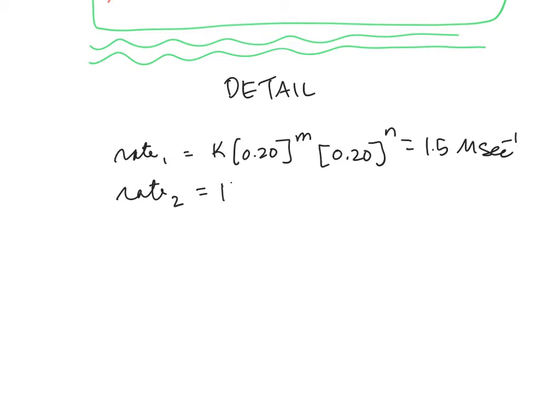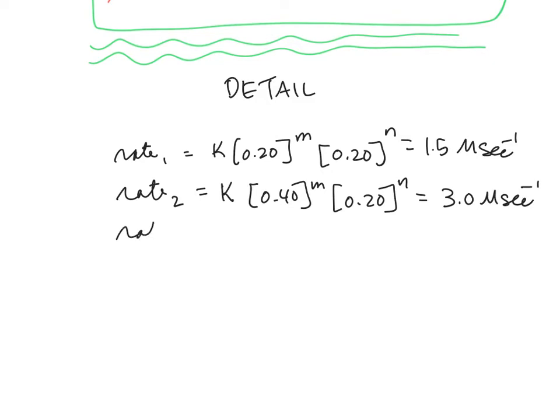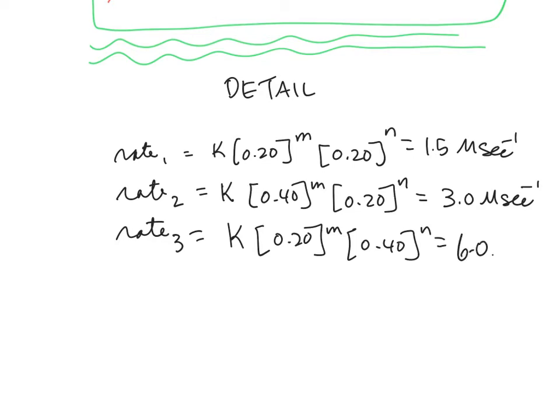So rate 2 would be equal to K times 0.40 raised to the power m times 0.20 raised to the power n, and that is equal to 3.0 molar per second. Similarly, rate 3 will be equal to K times 0.2 raised to the power m and 0.4 raised to the power n, and that is 6 molar per second.